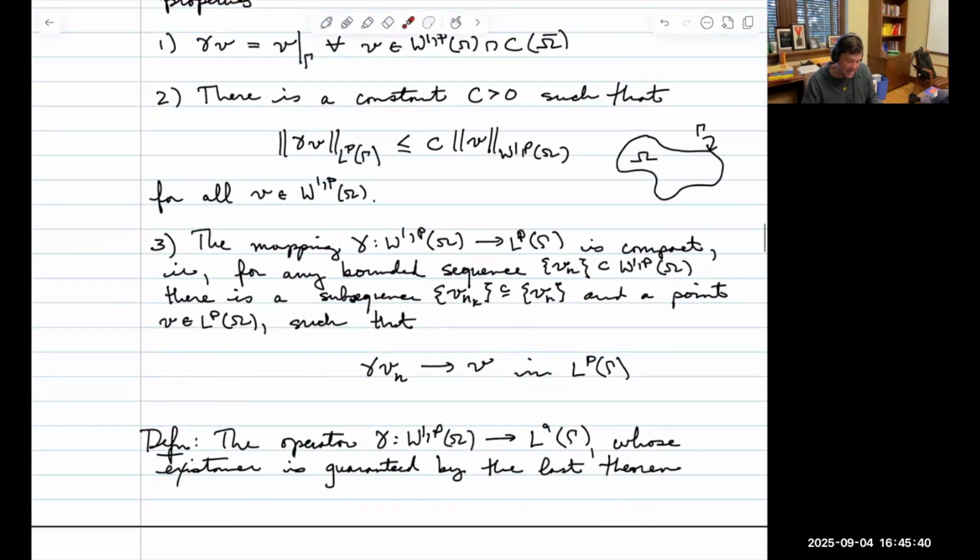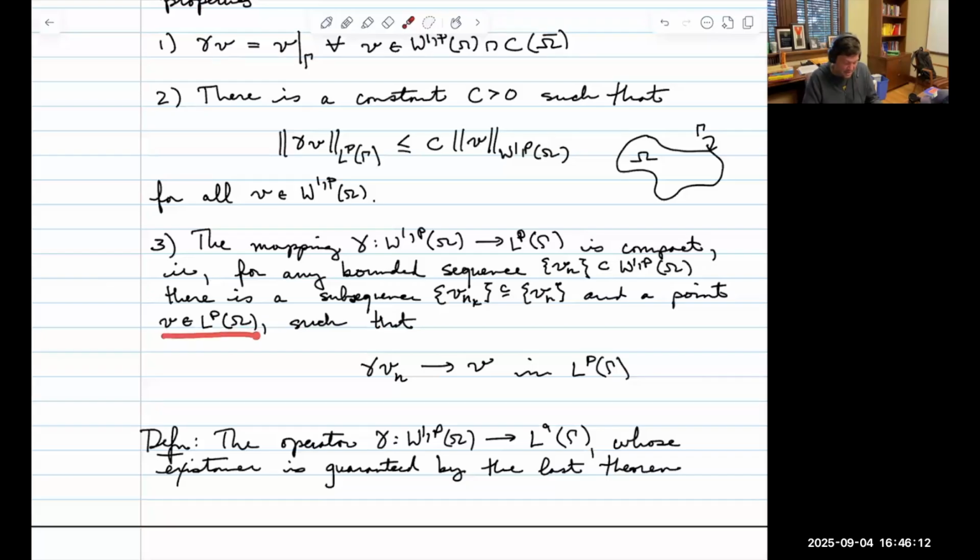And finally, it also has to be a compact operator. So in case you've never seen the definition of a compact operator, here's what it means. For any bounded sequence in W1P, okay, so that's the domain of the operator, there is a subsequence and a point in LP such that, if I look at this sequence under this mapping, then it's not in the domain anymore, but the range.